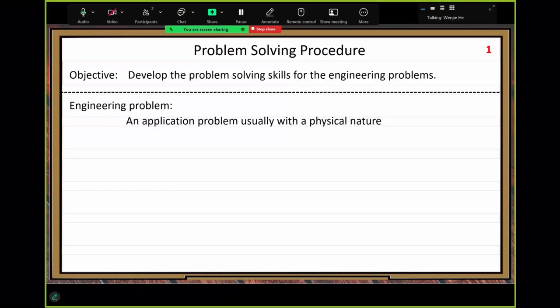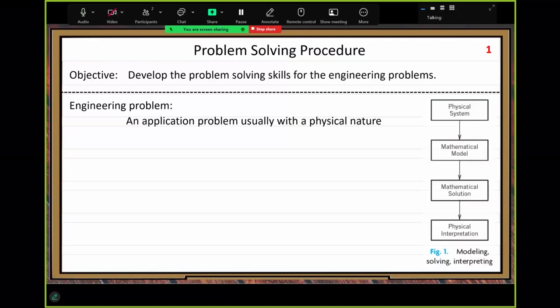The description is like this: an application problem, usually with a physical nature. We need to use a lot of knowledge in physics. You will see that most of the background knowledge we are going to use comes from physics.